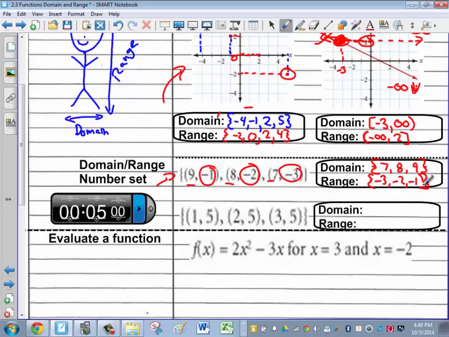And then let's take a look at this one. Let's find the domain of this. We'll look at all the x values. The x values are the domain. So 1, 2, and 3 in order from least to greatest. And then the range is the 5, the 5, and the 5.